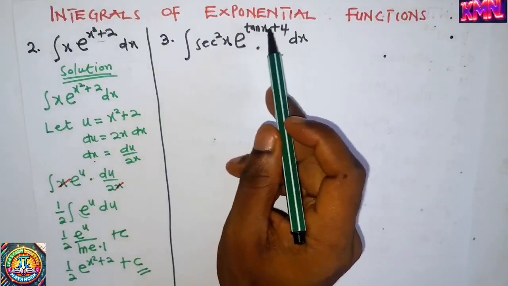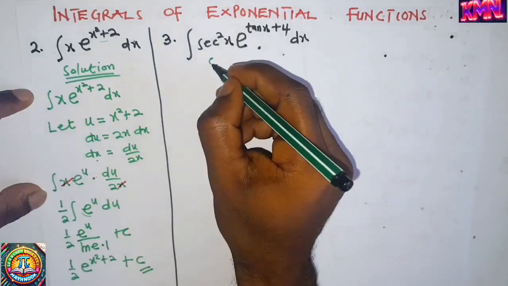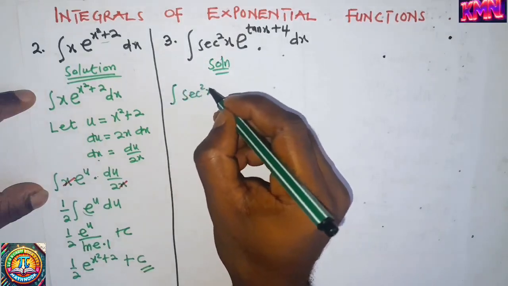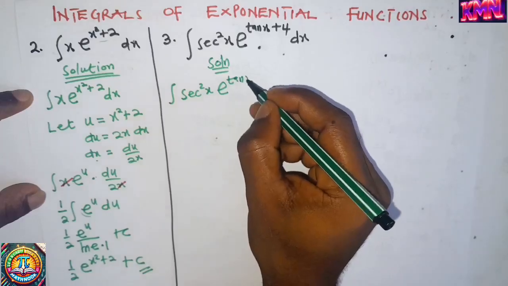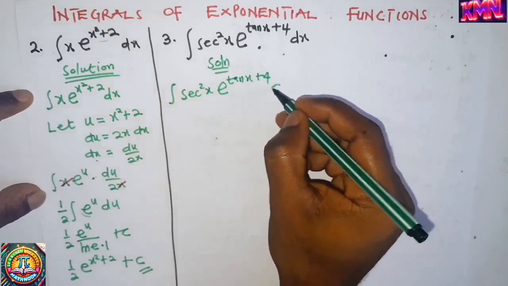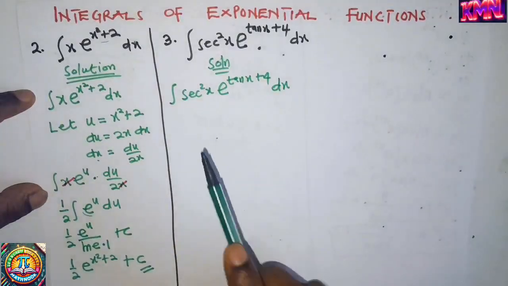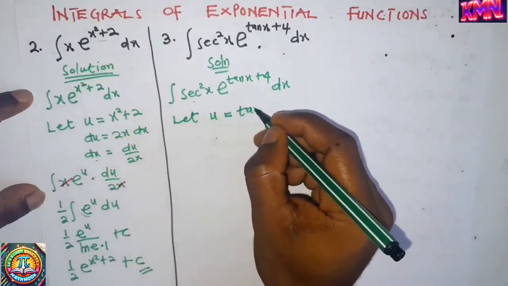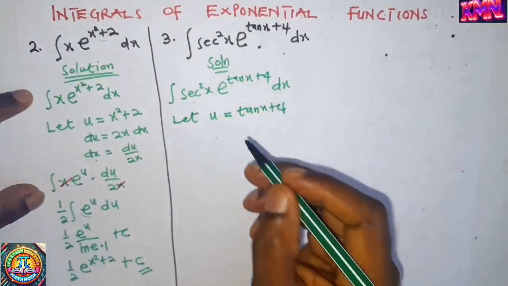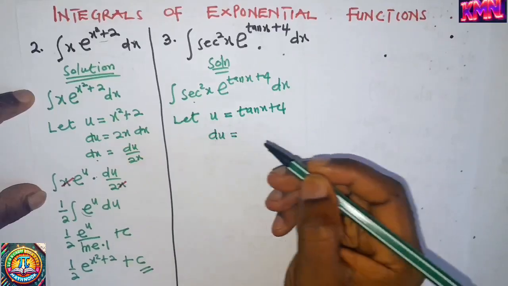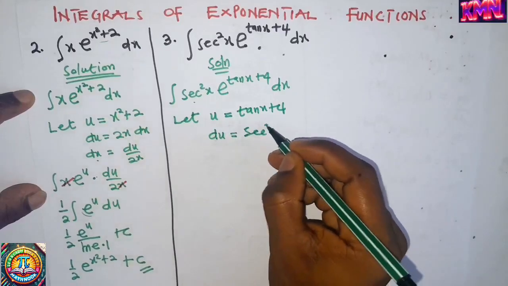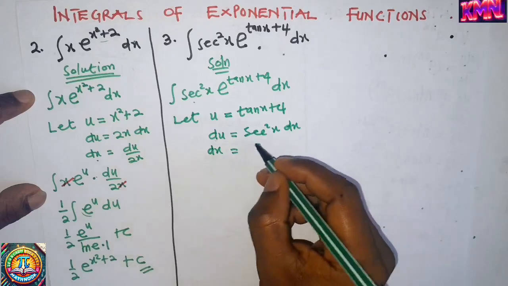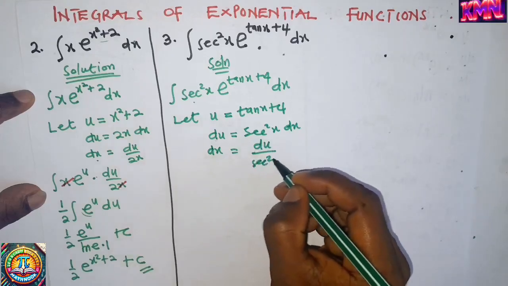So we can let the power tan x plus 4 be u. Then let's differentiate u with respect to x, and that will give us sec²x dx. Let's make dx the subject, and that will give us du on sec²x.